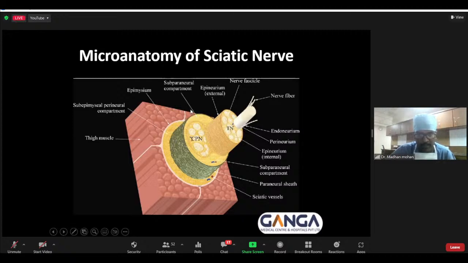Then this is the subparaneural compartment inside this, and then the epineurium, perineurium, and the endoneurium. Our area of interest is this one, between the center point between the common peroneal and the tibial nerve in the paraneural sheath, the subparaneural compartment.